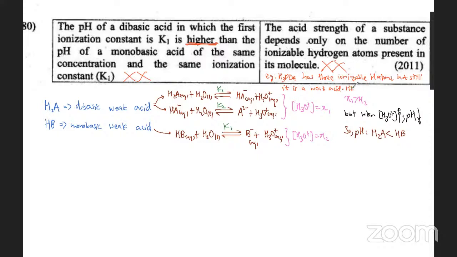HI has only one ionizable hydrogen atom, but it is a very strong acid. It's even stronger than HCl. So you can't decide the strength of an acid based on the number of ionizable hydrogen ions. That's completely wrong. Therefore, both are wrong, which means the fifth answer. Done. Moving on.